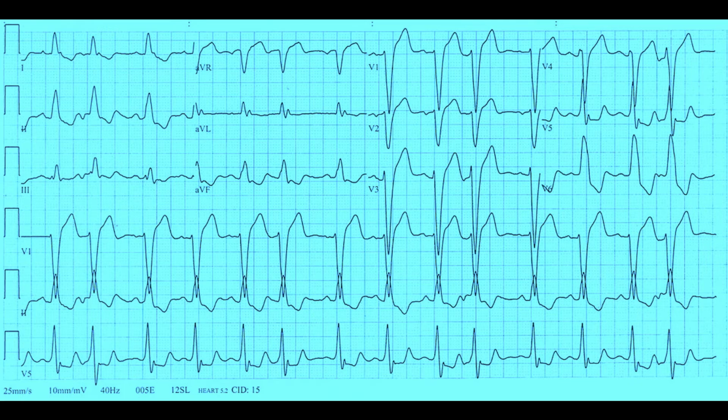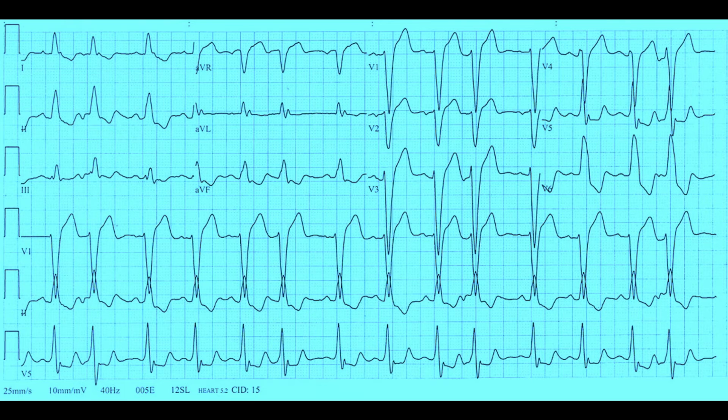Also ST depression with concavity upwards, and T wave inversion, because there is a repolarization delay, that is why the T inverts, and a left axis deviation.